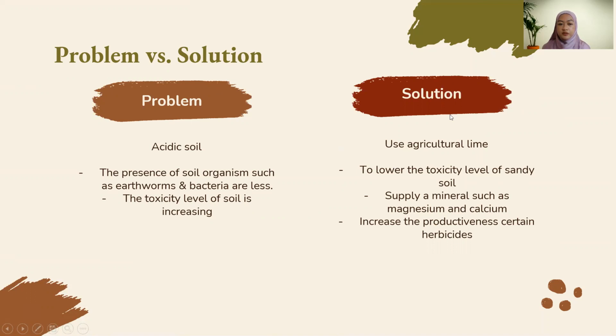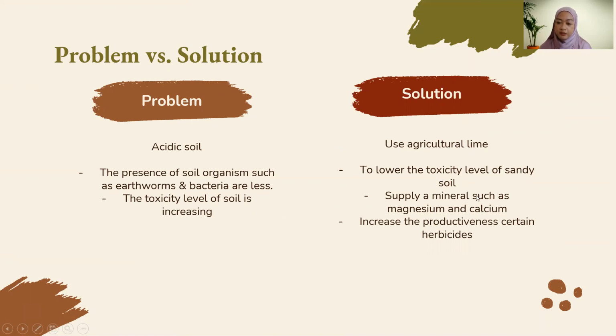So the solution for this problem is by using agricultural lime to mix with the sandy soil. Agricultural lime can lower the toxicity level of sandy soil.